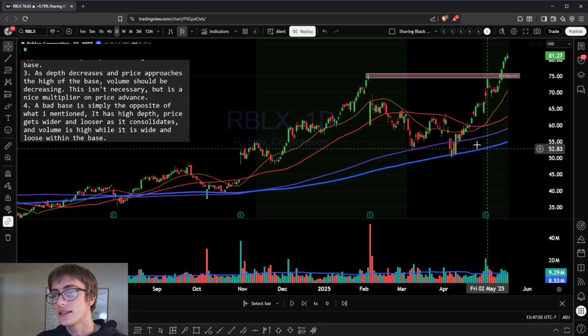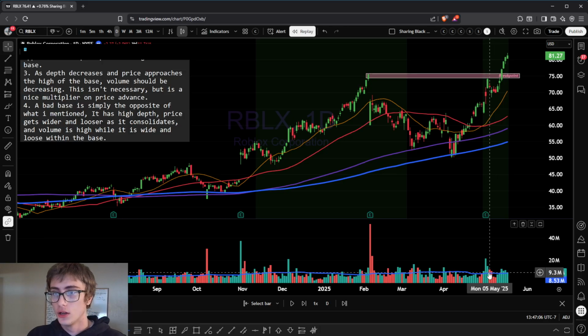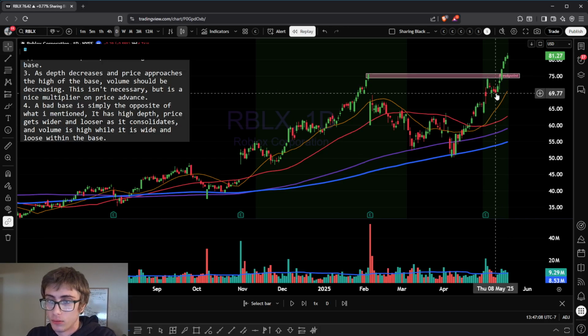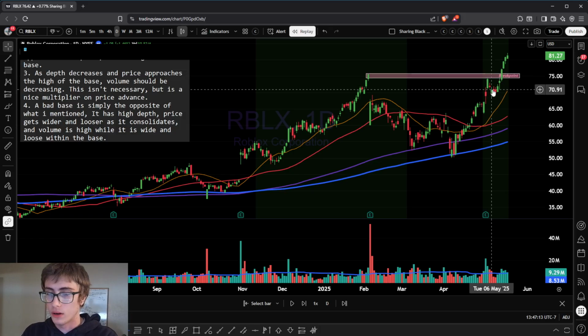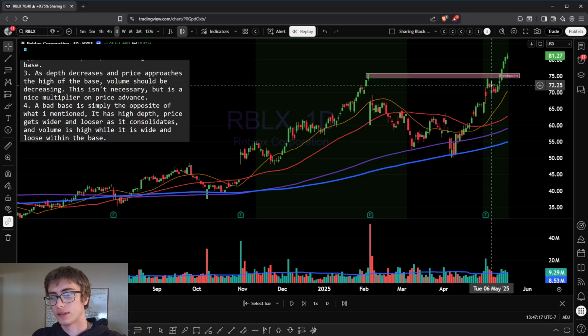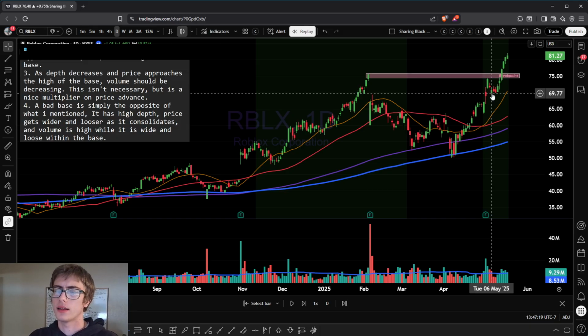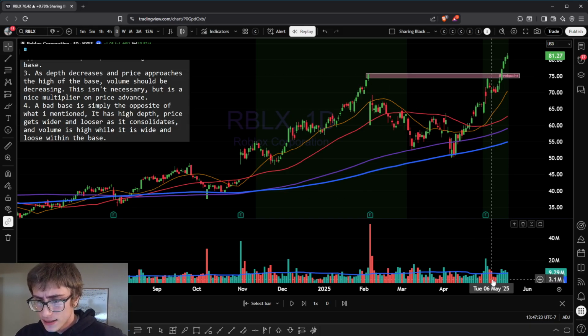And as depth decreases as well, you're going to want to see low volume. So, for example, below the pivot, we have this handle, right? You always want a handle below your pivot point. That's another essential, having a handle below the pivot, but I'll get into that in later videos. So in the handle, down here, you can see the volume.